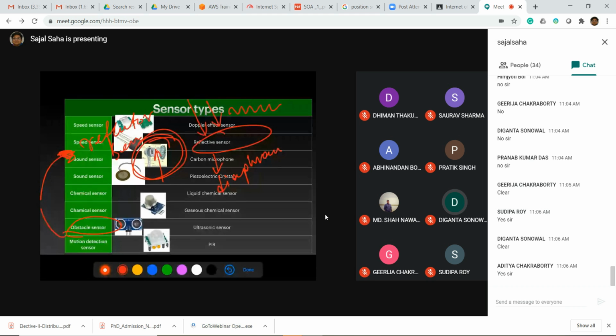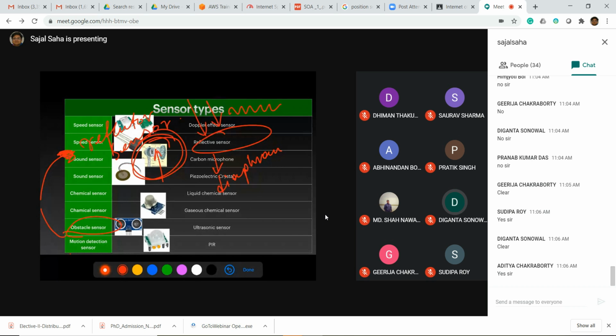Another sensor is the motion detection sensor, that is the PIR sensor. I am telling you how it works: if somebody moves, it detects the movement and immediately gives you a response. Now, can you give me an example where this PIR sensor or motion detection sensor is being used?